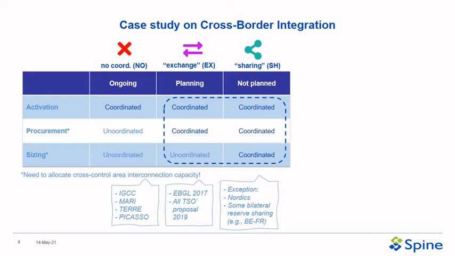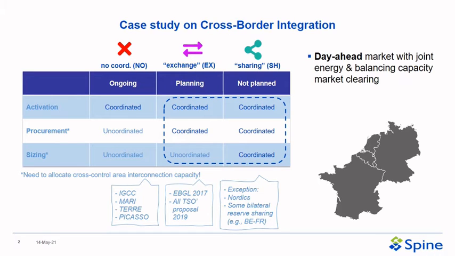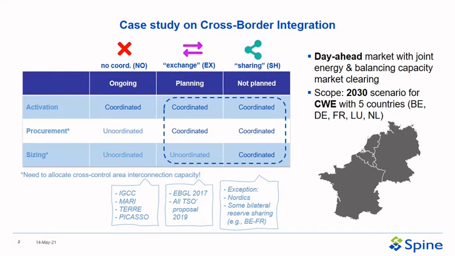So we compared the exchange scenario and the sharing scenario with the no coordination scenario. And we did this analysis for a day-ahead market with a joint clearing of the energy and the balancing capacity market, and performed this on a 2030 scenario for Central Western Europe.